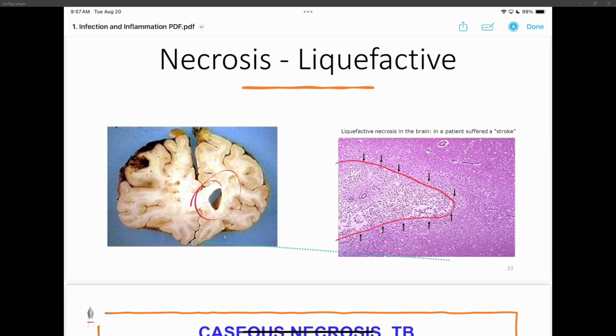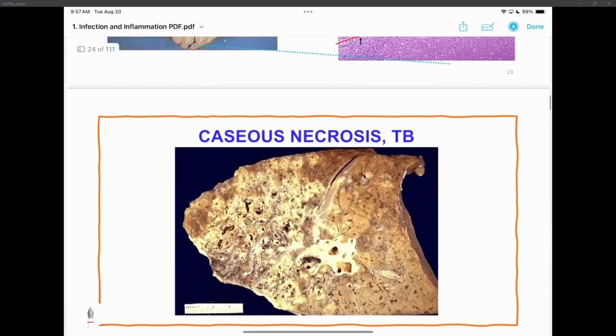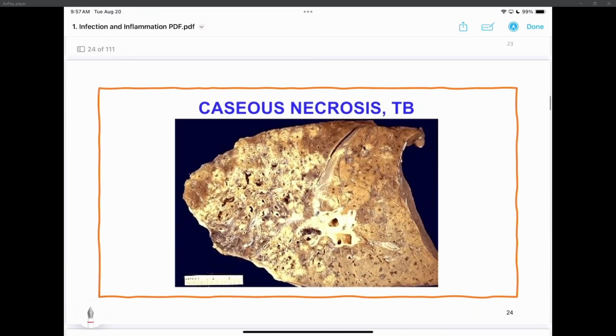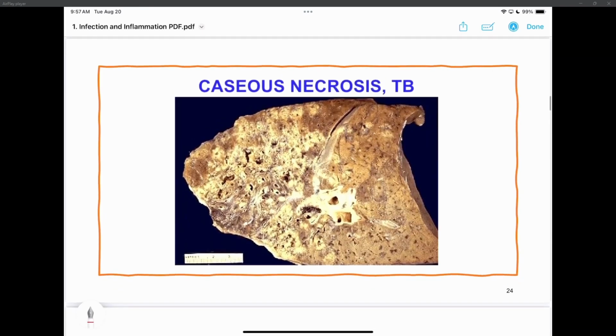It's like Swiss cheese, because that liquefactive necrosis, probably due to a stroke, or they had a really, really bad infection, caused liquefactive necrosis of the brain. This is caseous necrosis. This is due to TB, tuberculosis. You see, this is all normal, but all this in here, that's all that nasty, broken down tissue due to the necrosis that happened.